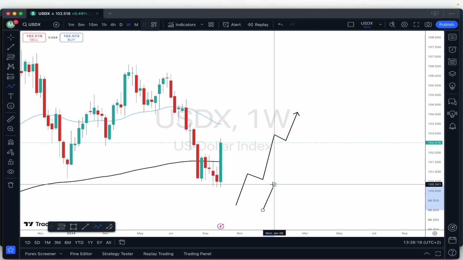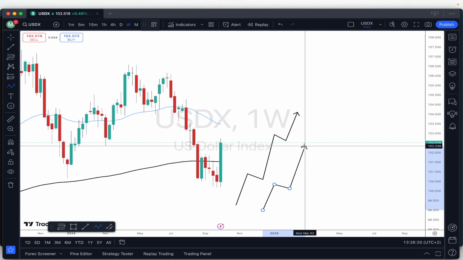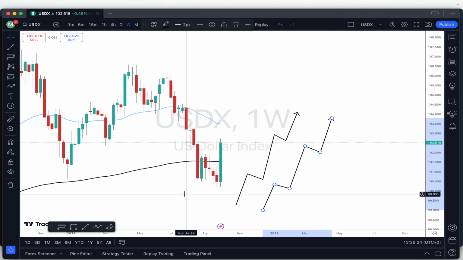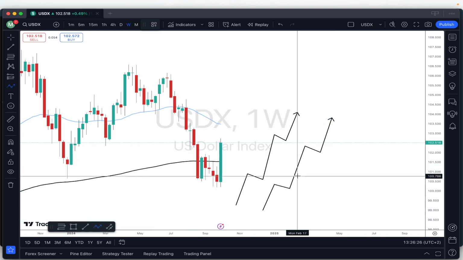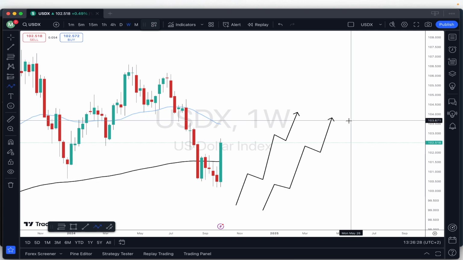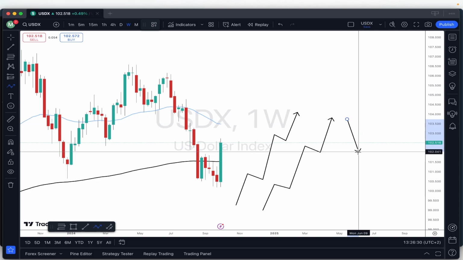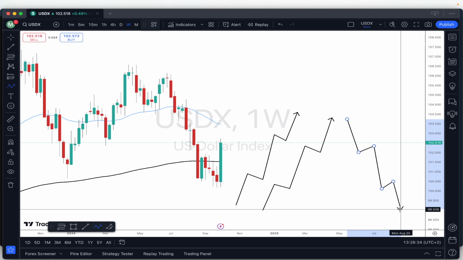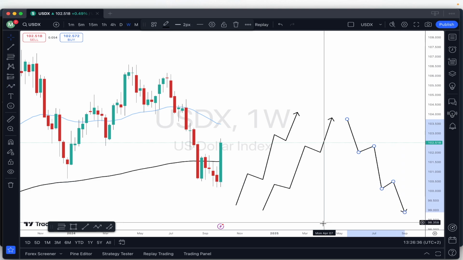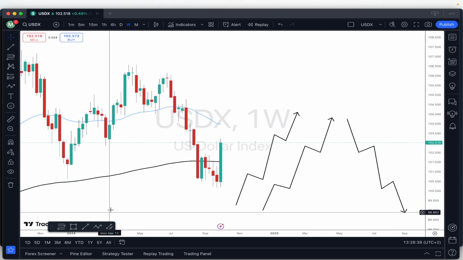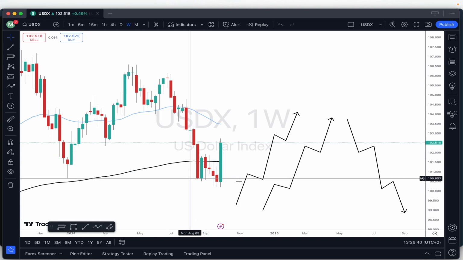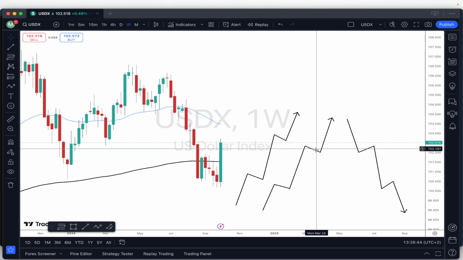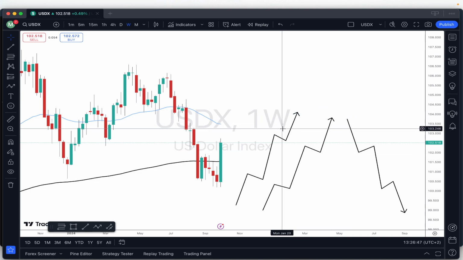Is also buying. So when the dollar index is buying, USD CHF is buying. When the dollar index is buying, Euro USD is actually selling. So that's the easiest way to understand this. So Euro USD is actually doing what? Selling, and USD CHF is buying, and the dollar index is also buying.